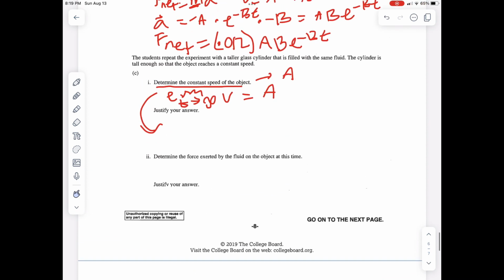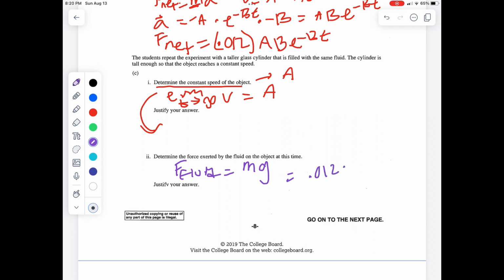So if I say this, I would say that the force of the fluid must be equal to the mass of the object times gravity. And so I'm just going to say this is equal to 0.012 times little g.